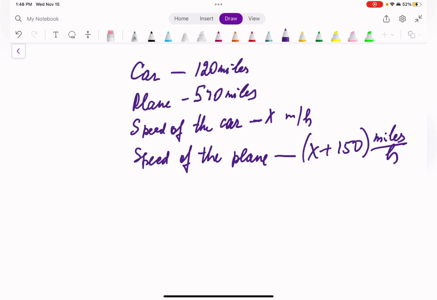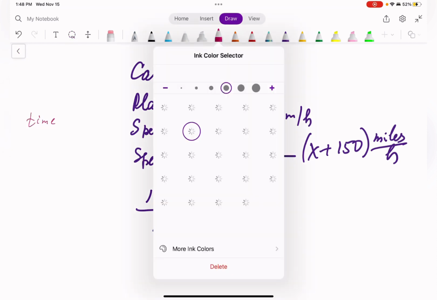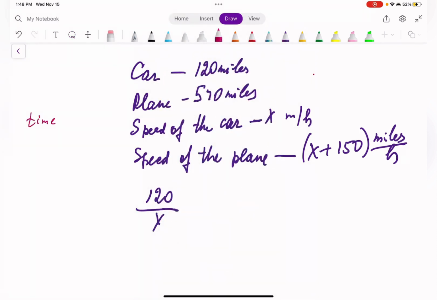So the time for the car to drive 120 miles is going to be 120 over x, because time is equal to distance over speed.